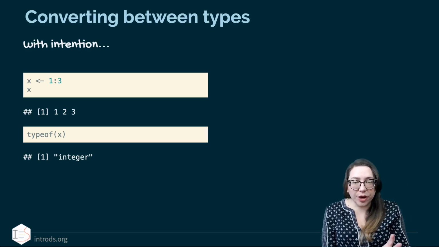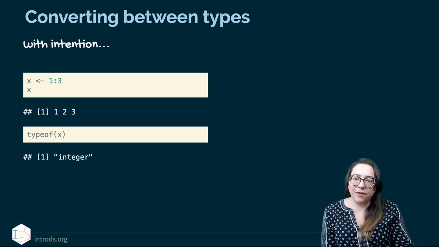So when we're converting between data types, sometimes we do it with intention and sometimes not. So over here, if x is defined as the integers 1 through 3, so 1, 2, and 3, its type is integer.